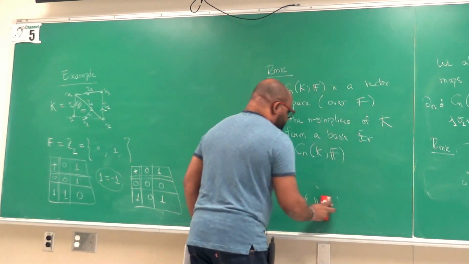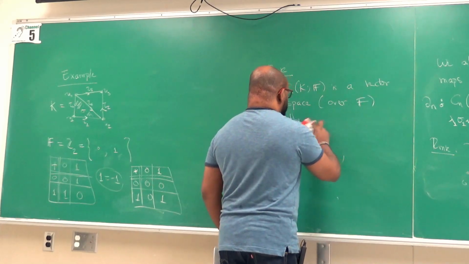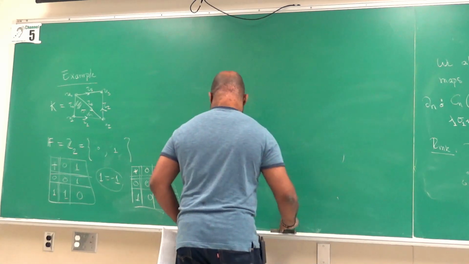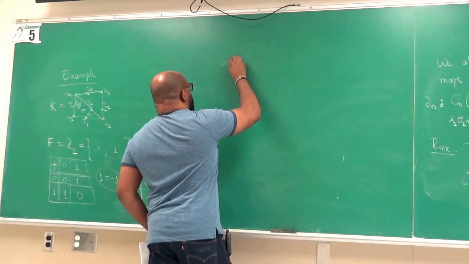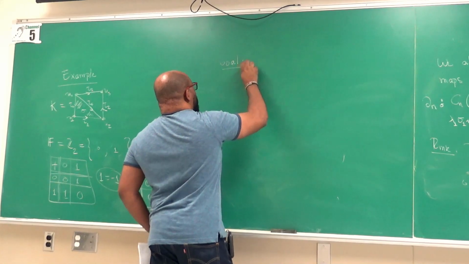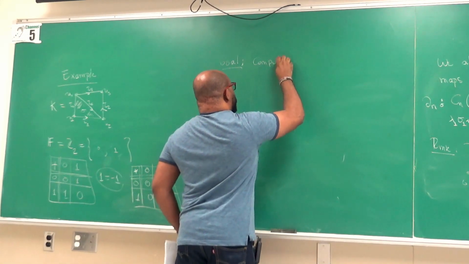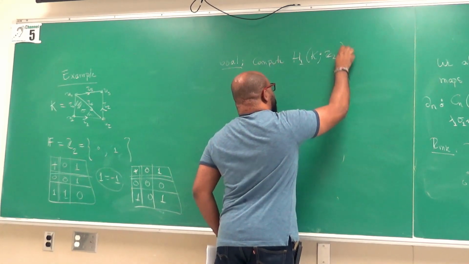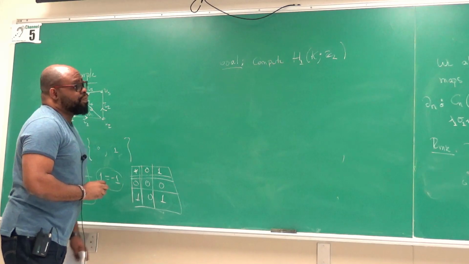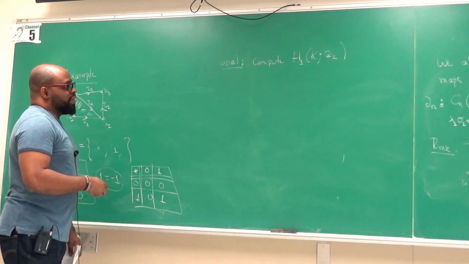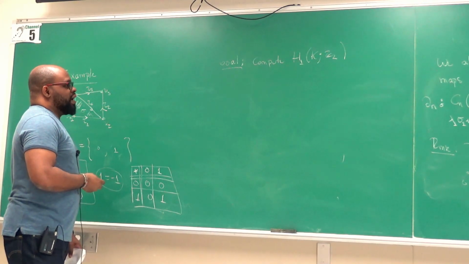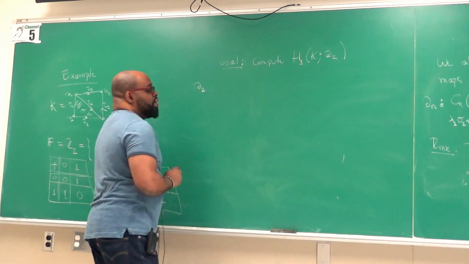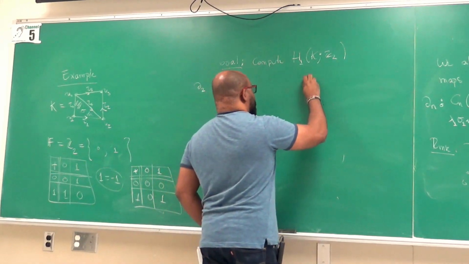So what I would like to do now is compute the first homology of this complex. So here's the goal: compute H1 of K now with coefficients in Z mod 2. And as always, what we're going to do is maintain two matrices. We're going to maintain delta 2, and we're going to maintain delta 1, right?